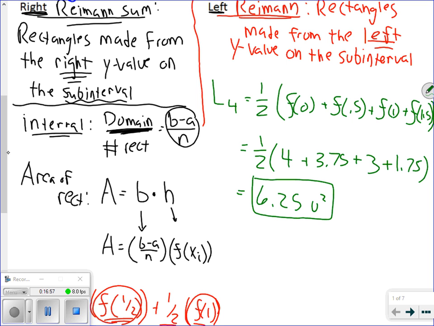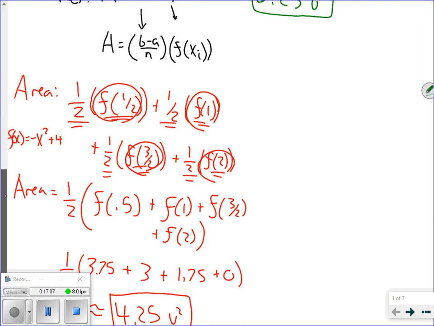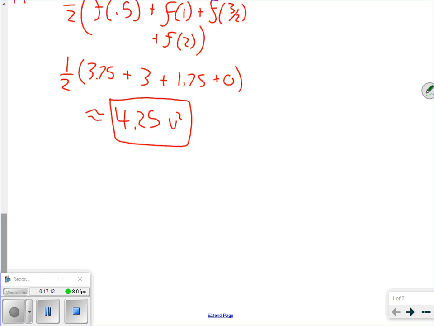So the left and right are all approximations. One will be an over approximation, one will be an under approximation. It doesn't give me an exact answer, but it does give me a pretty close approximation. I got 4.25 units squared as the lower and 6.25 as the upper.